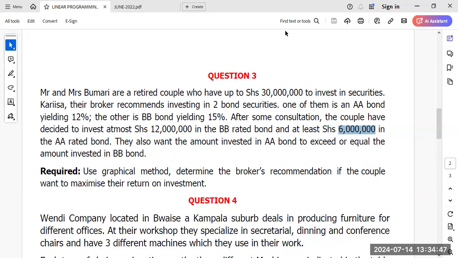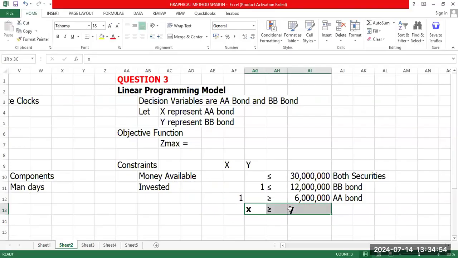Have you understood my interpretation for this inequality? When you're defining X and Y, X can represent the real amount of money invested in AA bond.